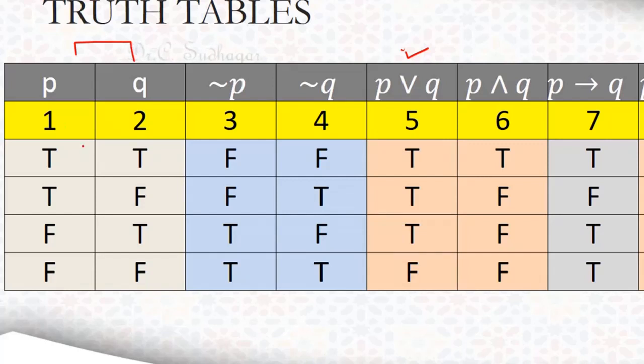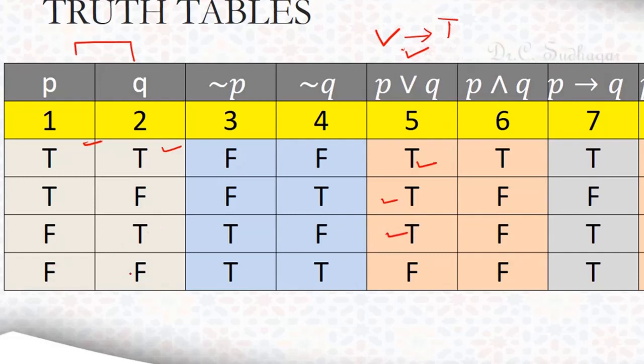See these two values, T and T. For this operator, you should check for the true. If in any one of the places you get T, you can put a T here. So here T is coming, so the answer is going to be T. Look at these two columns, here the T is coming, so you write T.